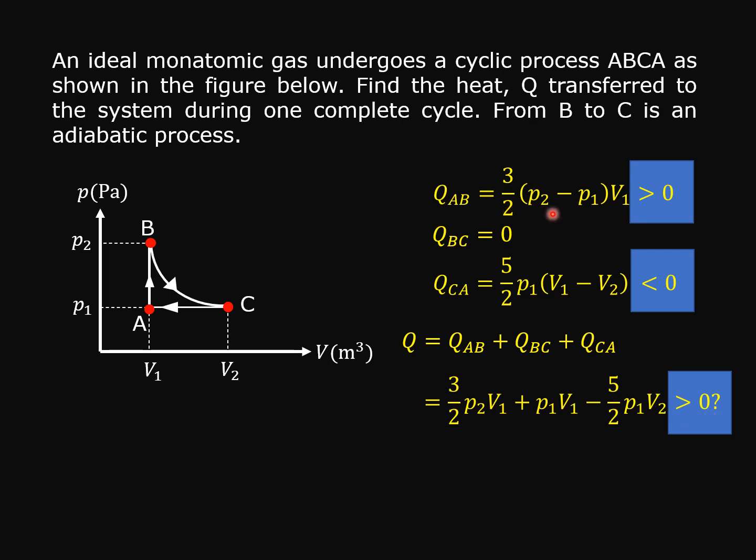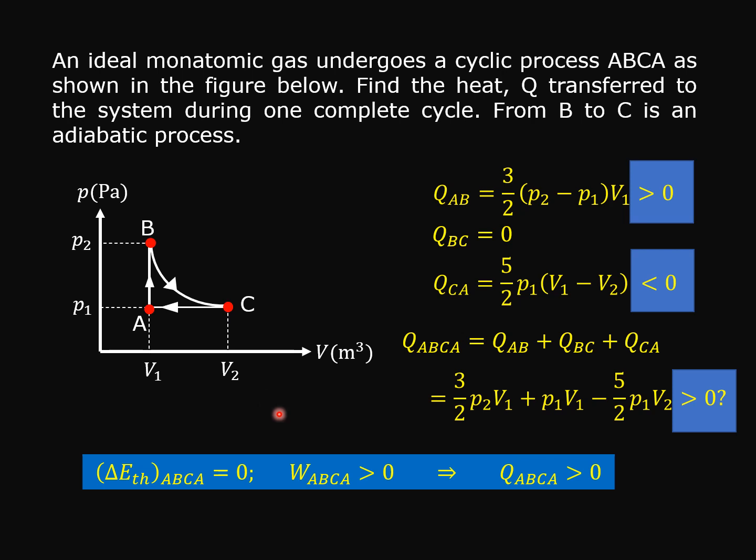Because we do not know the relationship between P2 and P1, that is how large P2 is compared to P1, and also we do not know the relationship between V1 and V2, how large V2 is compared to V1, we are not able to know whether this QAB is larger or smaller than QCA. So we do not know whether this Q will take the positive or negative value based on these expressions.